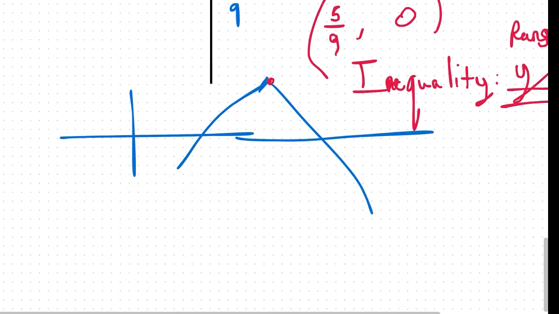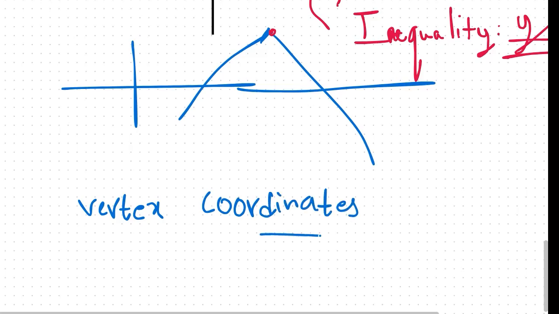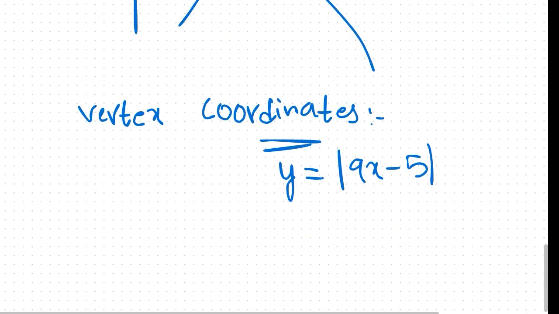There is a trick to find the vertex coordinates. Take whatever was inside the absolute value function. In the previous case it was 9x minus 5, right? This is the inside part of the absolute value function.